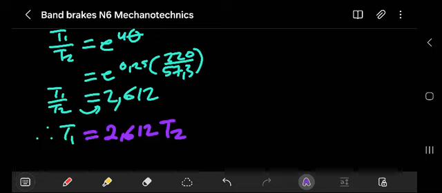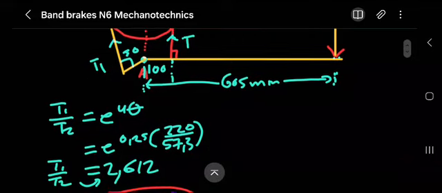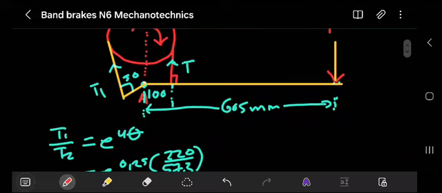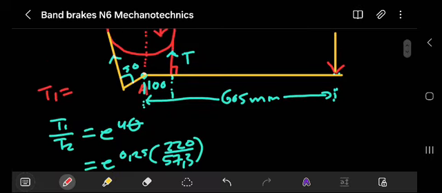You have this T1 equal to this. On your beam, we have T1 now here. This whole T1 acting there is equal to all of this, 2.612 T2.